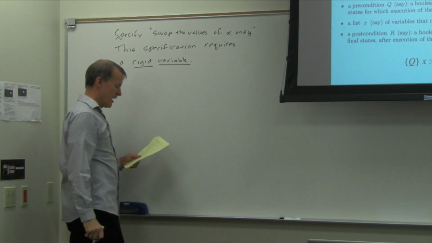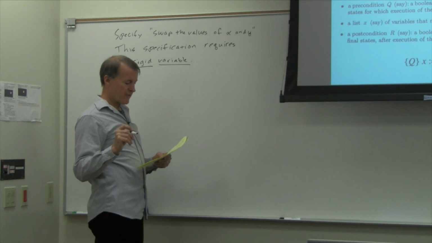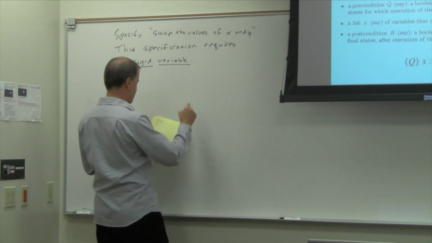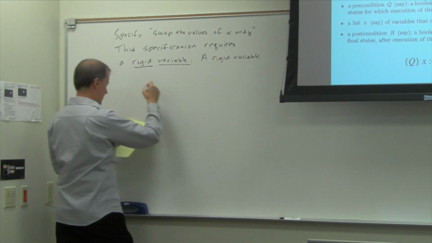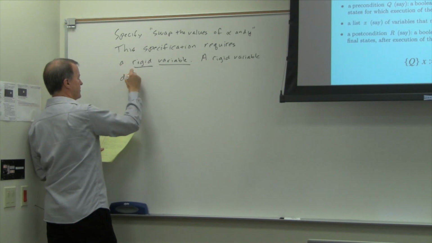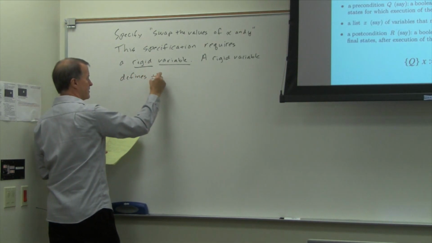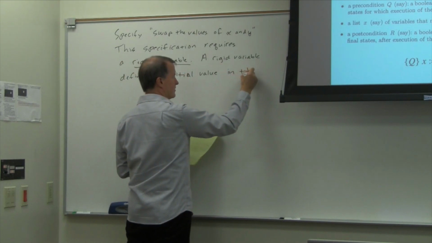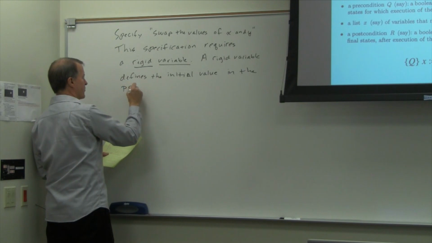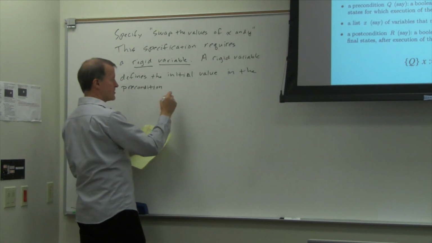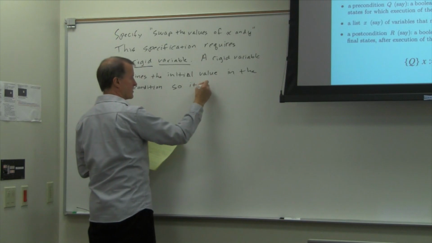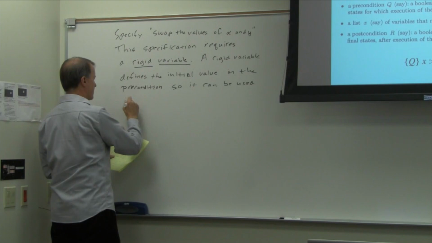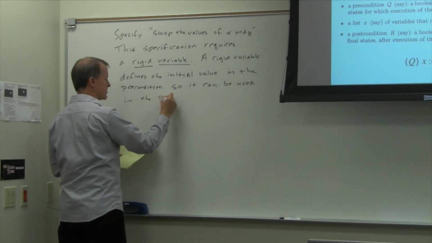A rigid variable defines the initial value of a variable in the precondition so it can be used in the postcondition.